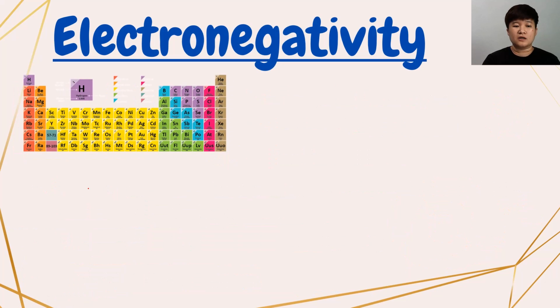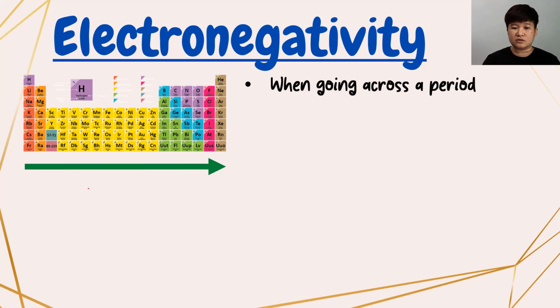Alright? Next, what happens when we are going across a period? So when you go across a period, the size again will be affected by what? We'll talk about SES rules if you remember. And SES rules is affected by the number of protons.